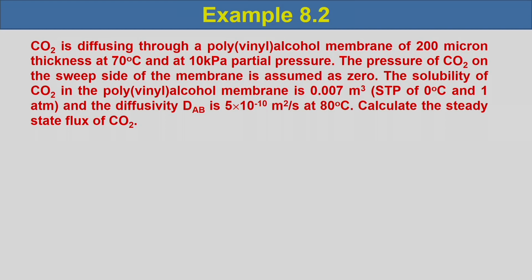The solubility of carbon dioxide in the polyvinyl alcohol membrane is 0.007 meter cube STP of 0 degree centigrade and 1 atmosphere pressure, and the diffusivity DAB of component A, that is carbon dioxide, in the solid is 5 into 10 to the power minus 10 meter square per second at 80 degree centigrade. Calculate the steady state flux of carbon dioxide.